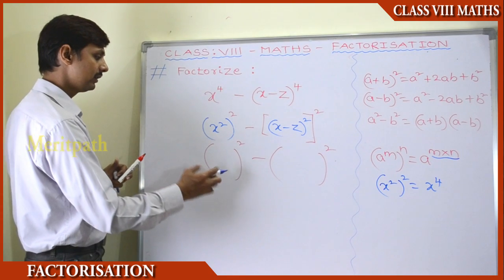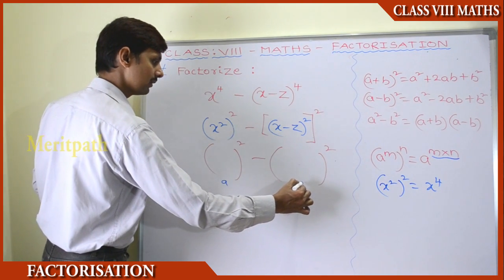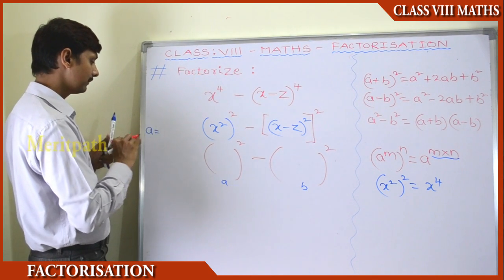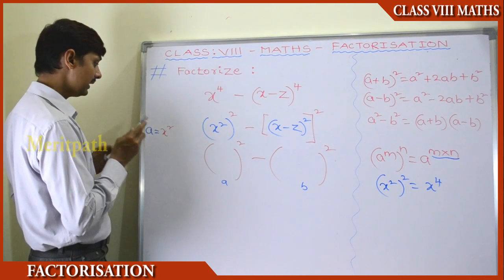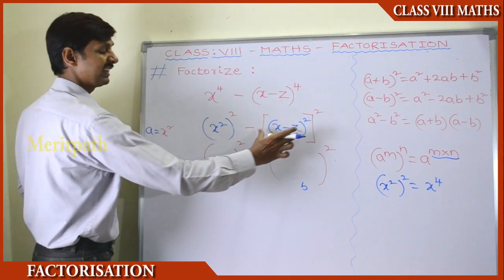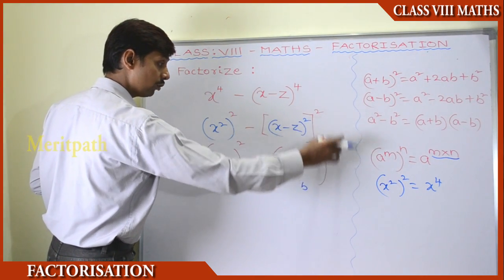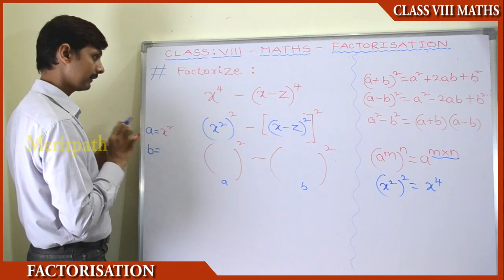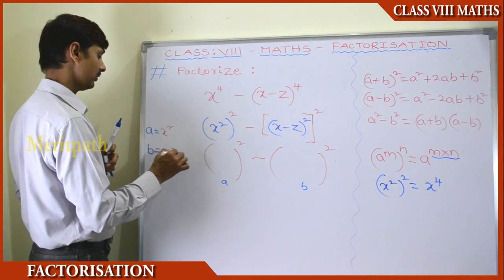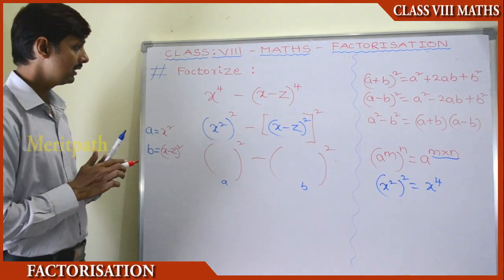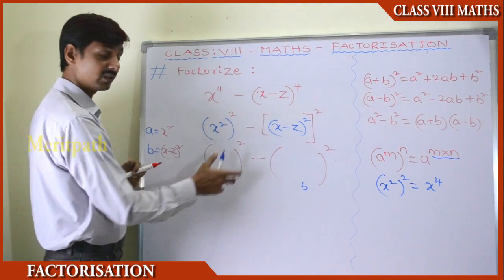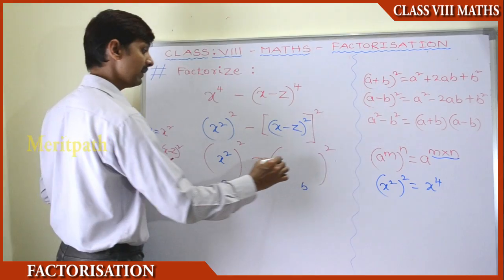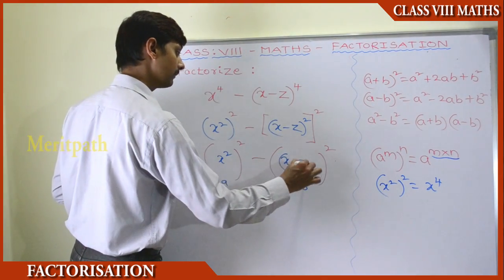In the place of a we have x square. In the place of b we have (x minus z) whole square, because square is already present in this. So let's write this again. The same terms are present: (x square) whole square, same as it is, minus ((x minus z) whole square) whole square.